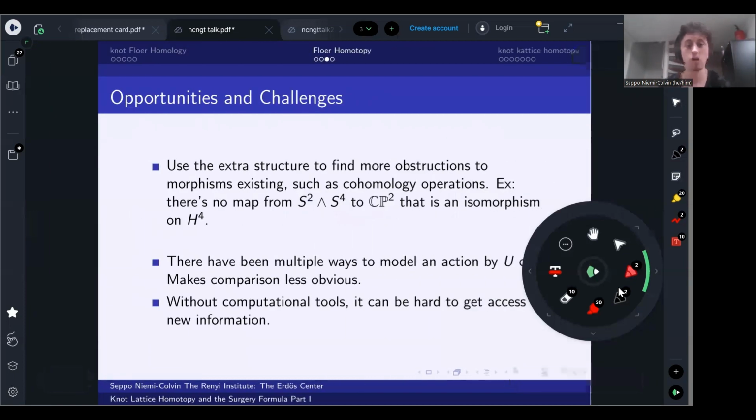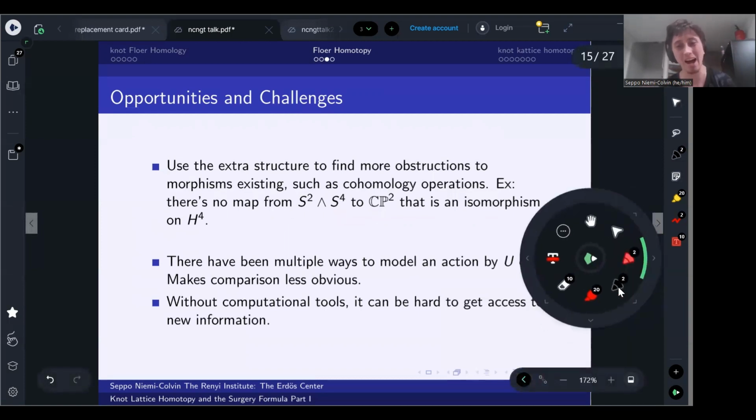Some challenges. For example, I mentioned we put U off to the side. There's not a single standard way to encode U, or encode U and V. This makes comparison of various theories, or attempts to create theories, more difficult. And also, not deciding what category we're going to factor through and how we're encoding U in that context is a choice, and there might be some choices that are better than others in different contexts.